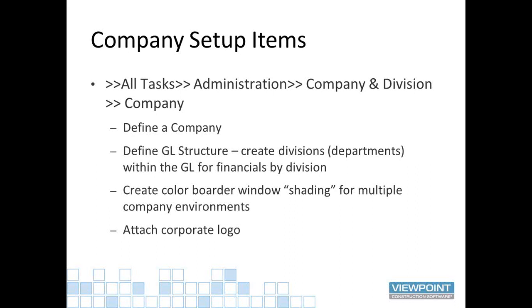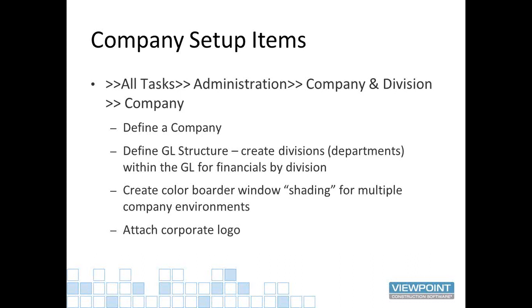So these following slides are designed to be referenceable items that you can use to go to that specific item. So at the top of the slide for the company setup items as example, we see the path to get to where the company setup is located. It's all tasks, administration, company division, and then company.